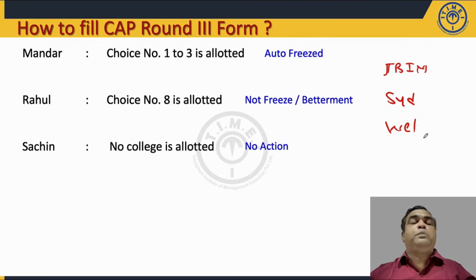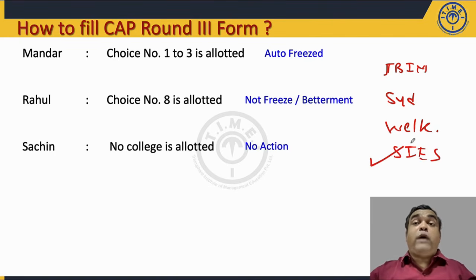These are the only 3 options he should fill. Because if he fills SIS, and if SIS is allotted to him, it is among the top 6 choices, he has to take the admission. Fine. So if somebody is interested only in 1 or 2 colleges at the top, then they should fill only those top 2-3 colleges for round 3.